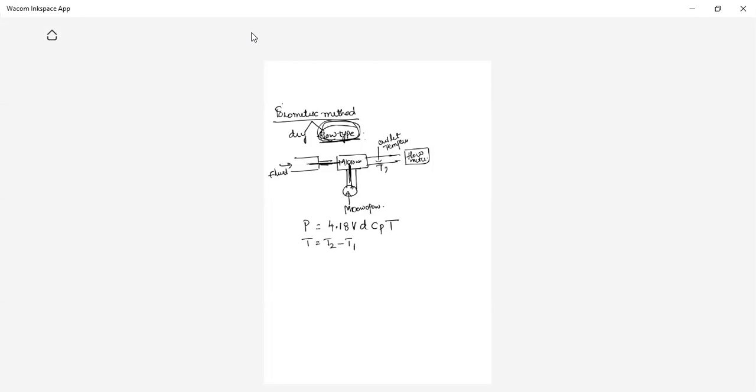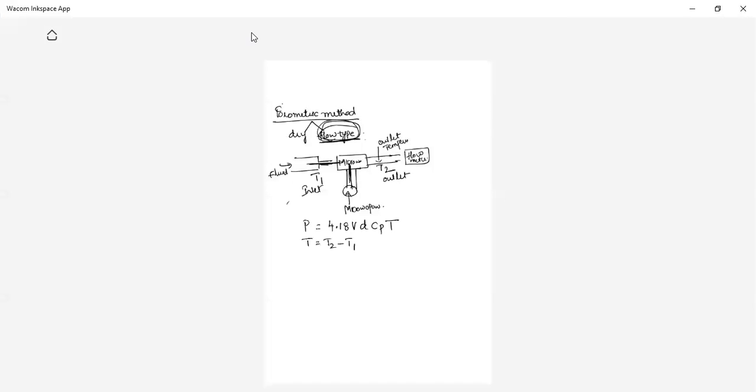T2 is the outlet temperature and T1 is the inlet temperature. You have to take these two differences.